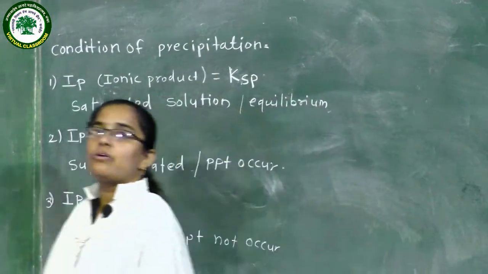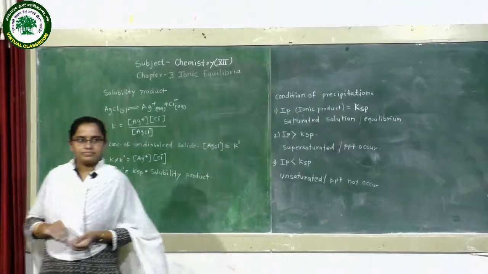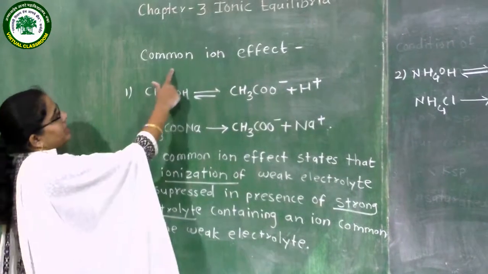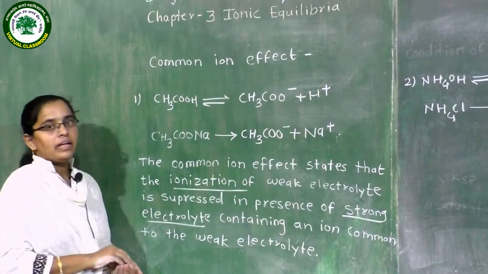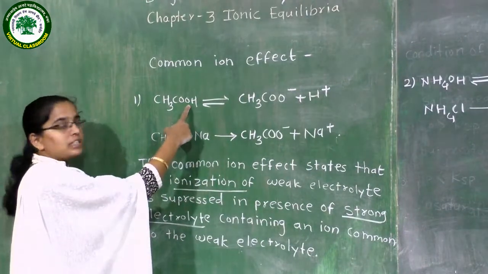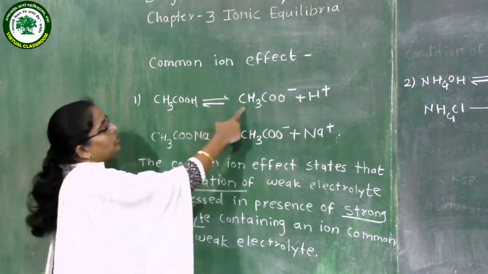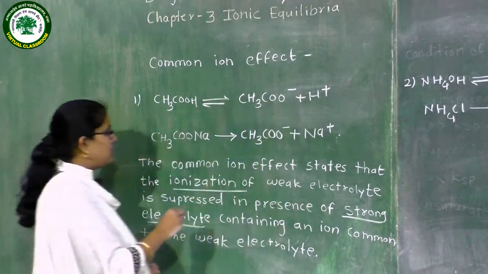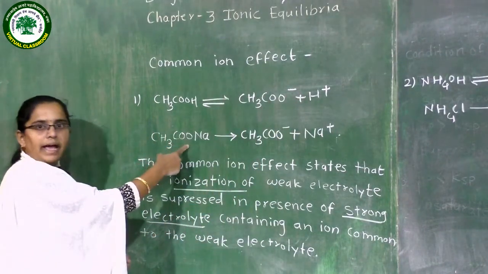Next point is common ion effect. Here consider one reaction: acetic acid, which is a weak electrolyte, undergoes dissociation to form CH3COO- plus H+, and another is sodium acetate.